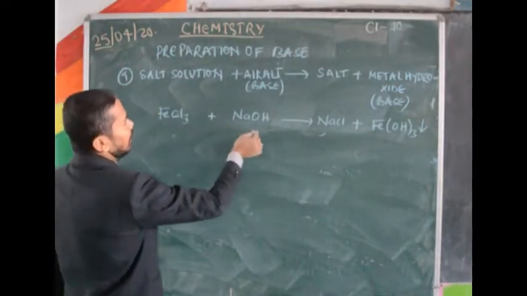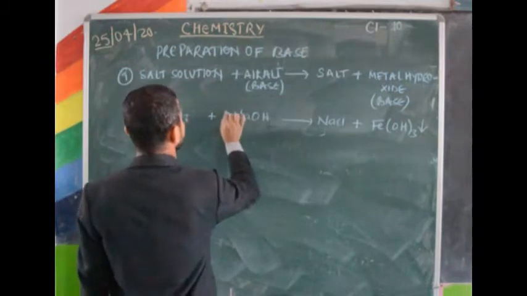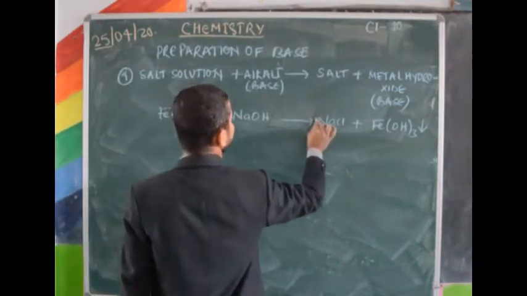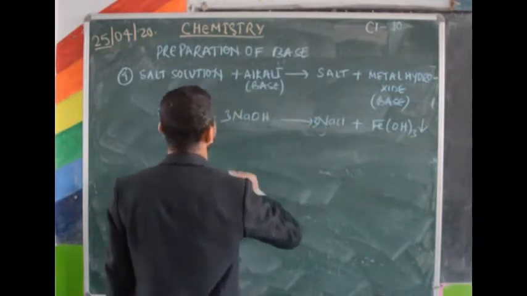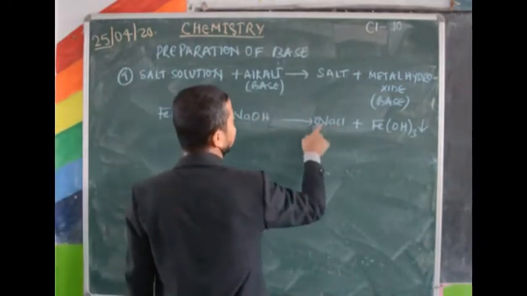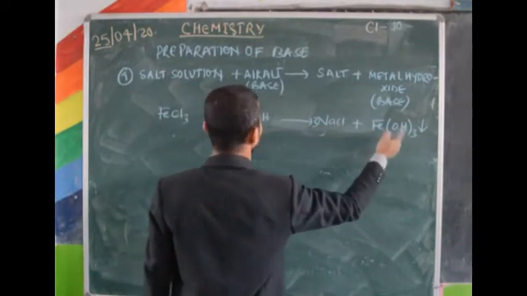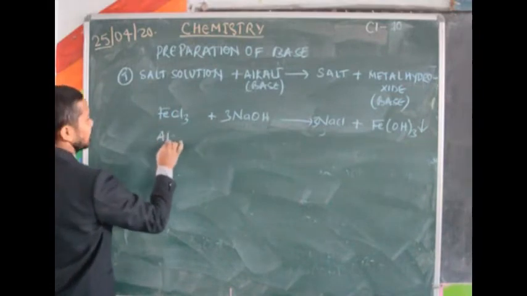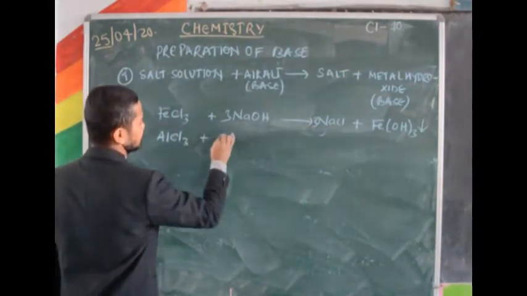So OH3, so 3, then this also will be 3, so Na3, Cl3, Fe1, OH3, okay.